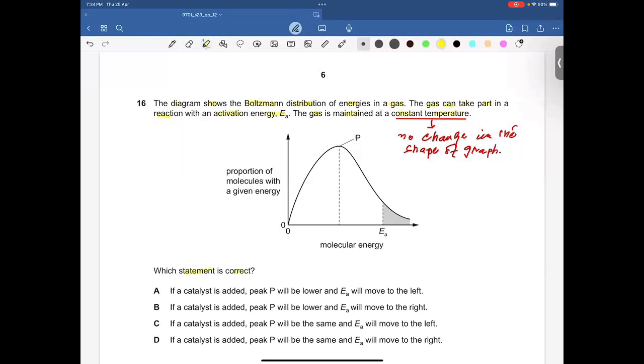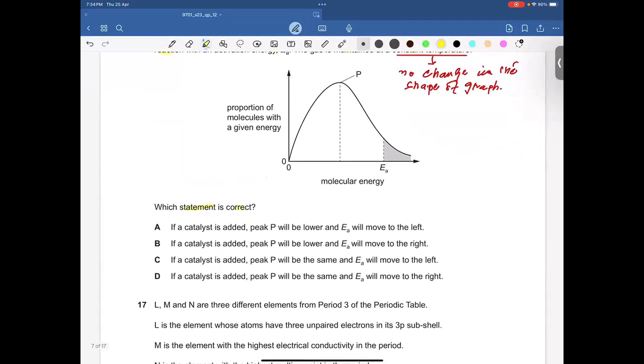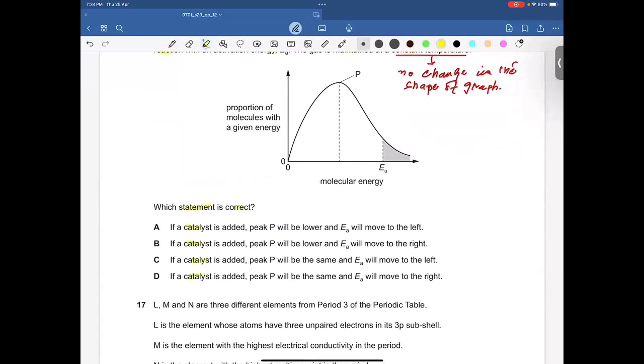Which statement is correct? The examiner is talking about a catalyst. When we add a catalyst, it provides an alternative pathway, and because of that alternative pathway, it lowers the activation energy.